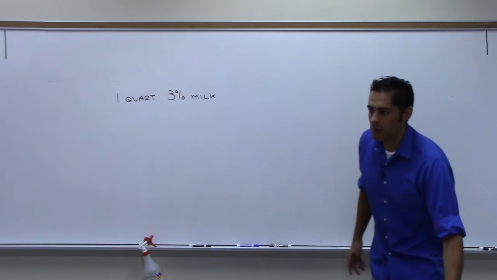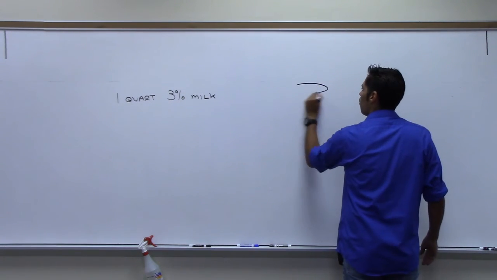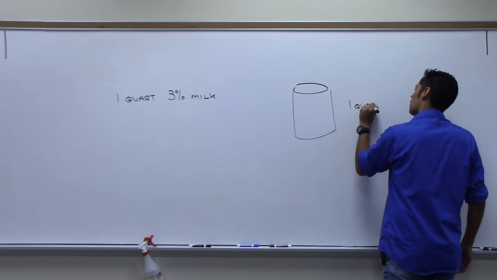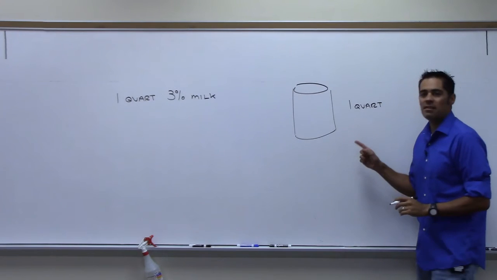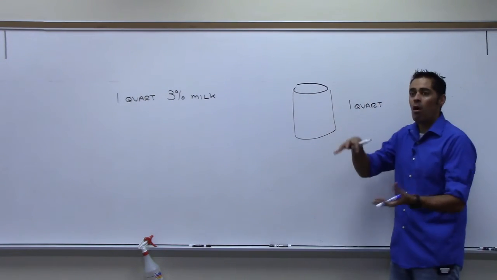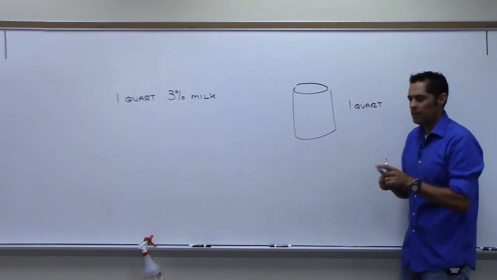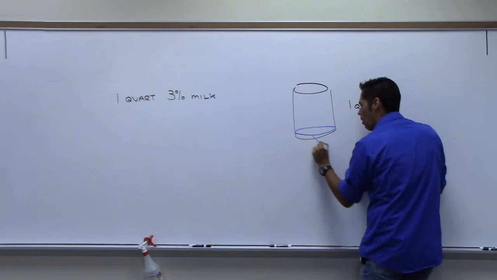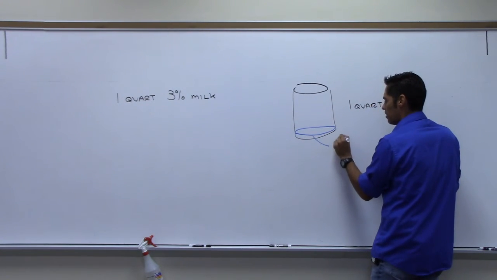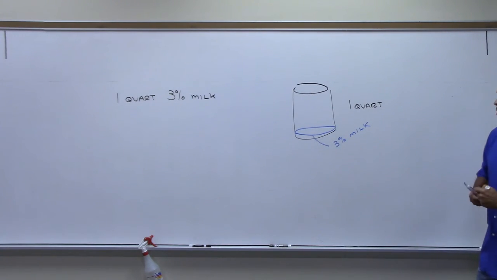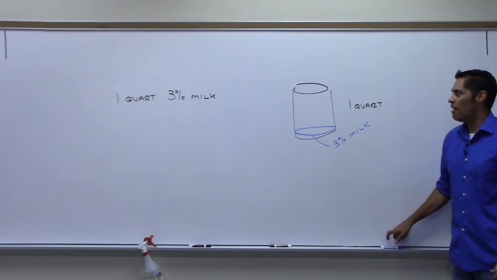Now let me draw a picture of what this means. I've got 1 quart and 3% of it is milk. So if I could, it's water and milk mixed together, all right? So if I look at it, it's actually only part of it is milk, right? 3% of this is milk. How many quarts of milk are in there then?